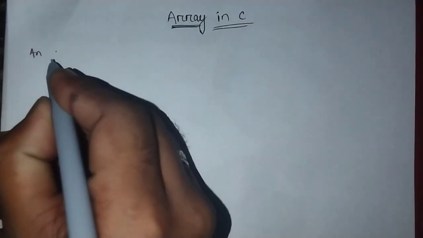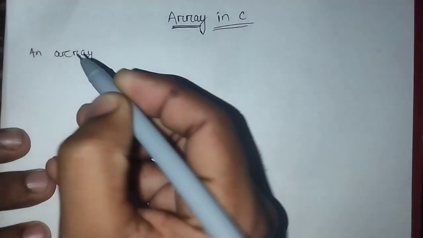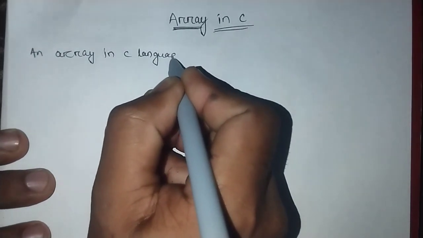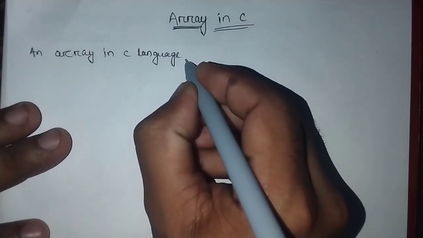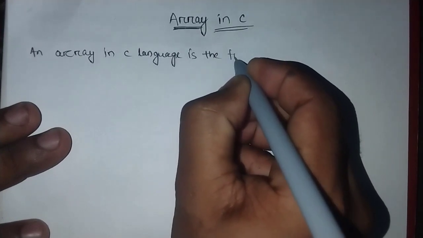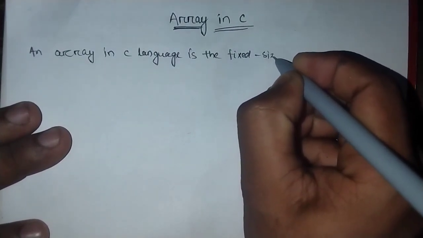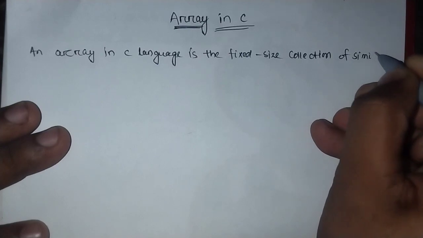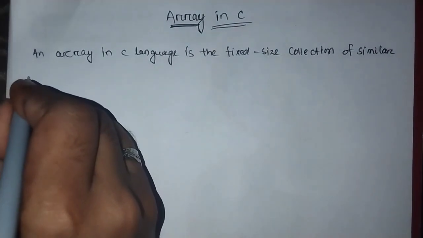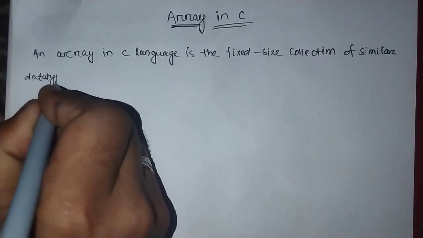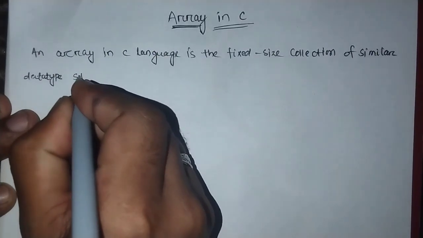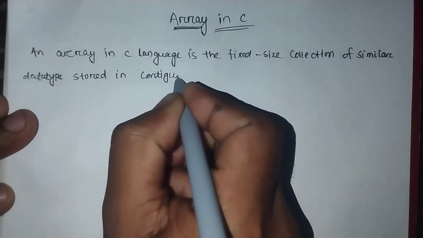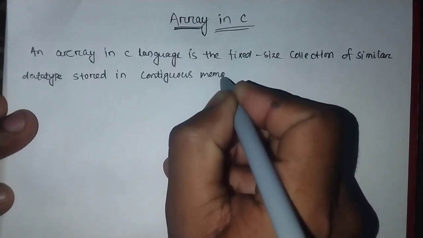An array in C language is a fixed size collection of similar data type stored in contiguous memory location.